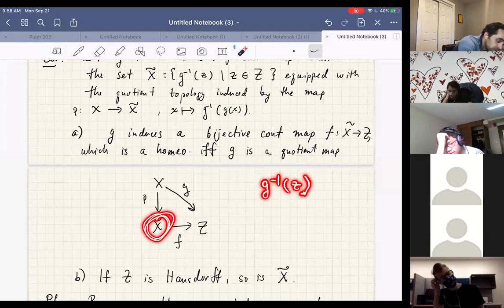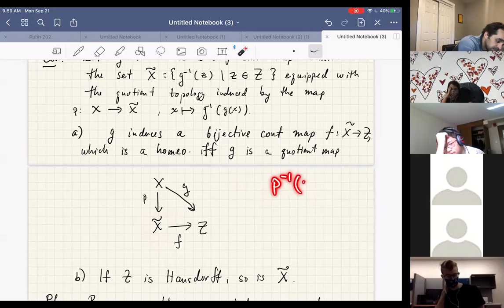Now, this set becomes a point in X tilde, right?